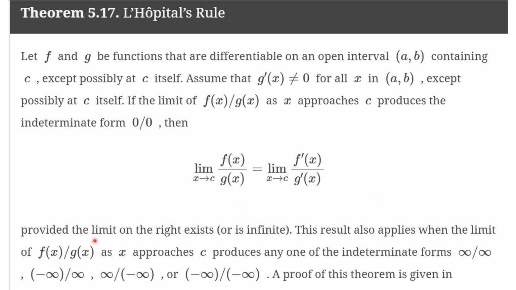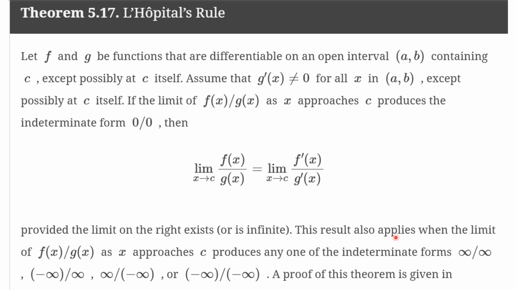And that's provided that the limit on the right exists or is infinity, which means that if we were to evaluate the limit at c plus, we should find a limit, or at least the limit should be infinity.